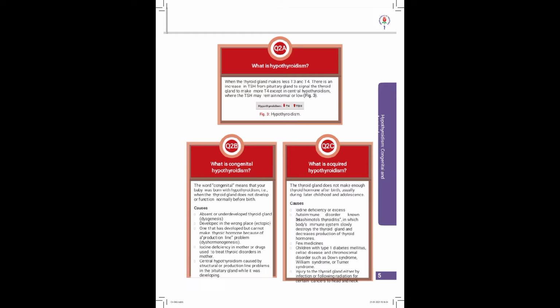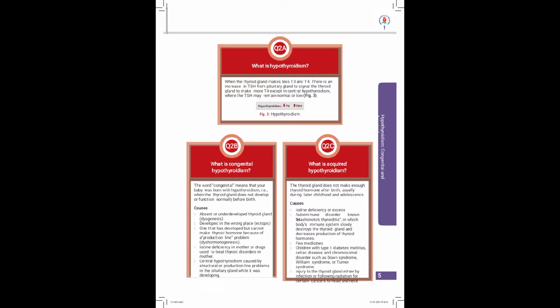Causes can be an absent or underdeveloped thyroid gland, commonly known as dysgenesis, or a gland developed in the wrong place, an ectopic thyroid gland, or one that has developed but cannot make thyroid hormones because of a production line problem, commonly known as dyshormonogenesis. Apart from that, iodine deficiency in the mother or drugs used to treat thyroid disorder in the mother can cause congenital hypothyroidism in the baby.